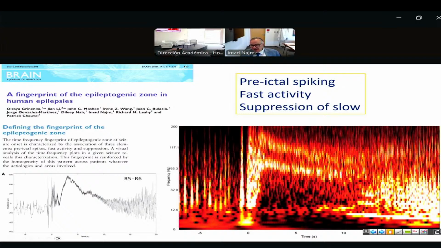Within 10-15 seconds, this evolves into a slower activity that becomes more prominent at the ictal onset, and then most of the time it is spreading to other areas of the brain. This is what Patrick called the SEEG fingerprint, which is characterized by three things: pre-ictal spiking, fast activity, and suppression of the slow.